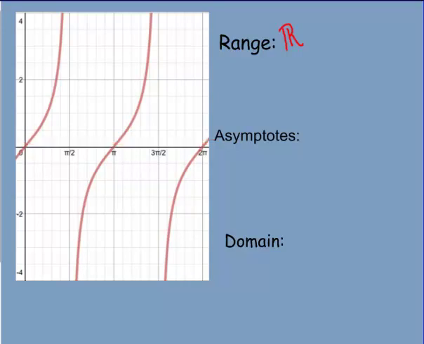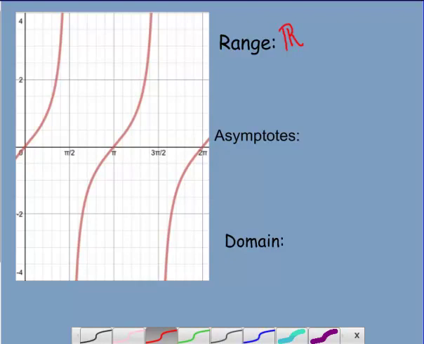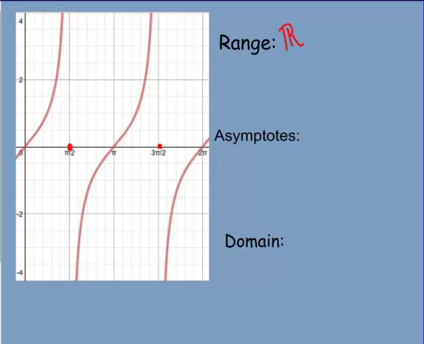However, the domain is a different story. We already saw that we had undefineds here. Now there's a couple of ways to write it. There's the professional way, and then there's kind of the high school way. So one of the ways, we say the domain is all reals except, a slanted line like that means except, dot dot dot, pi over 2, 3 pi over 2, 5 pi over 2, dot dot dot.